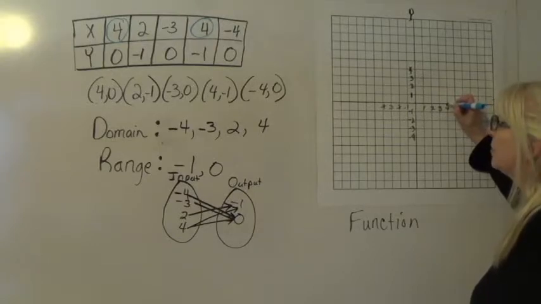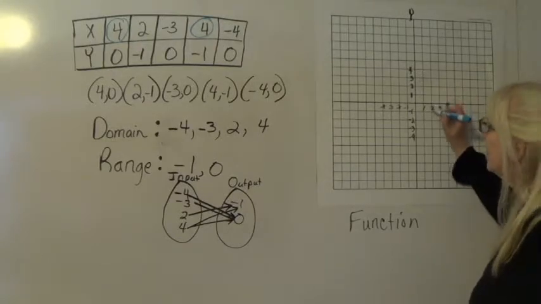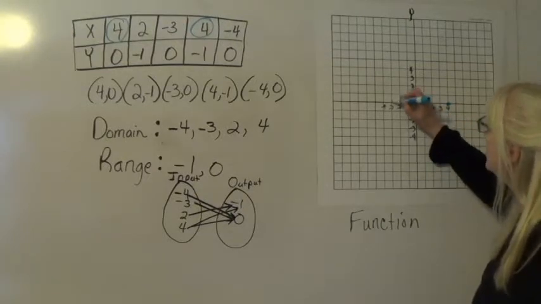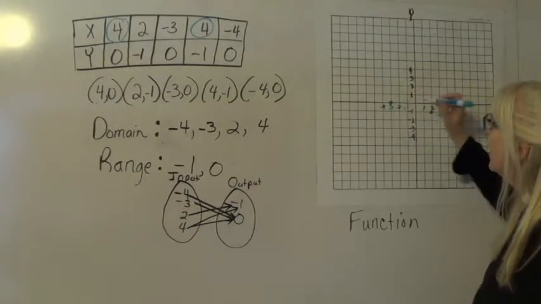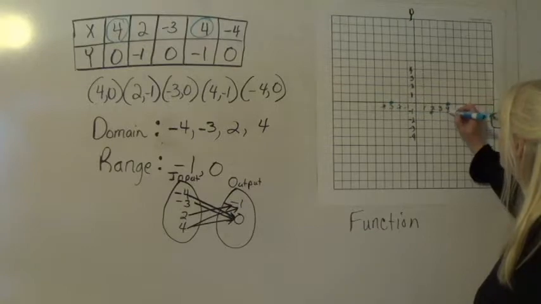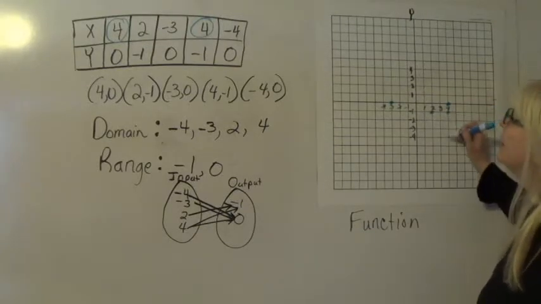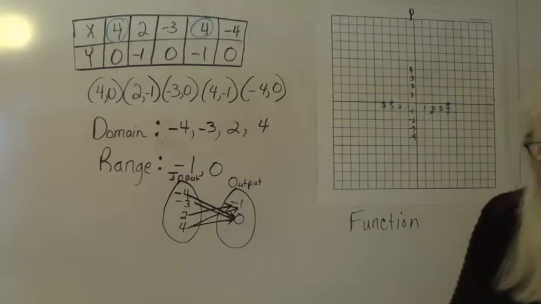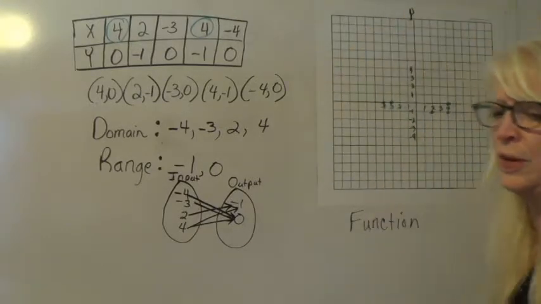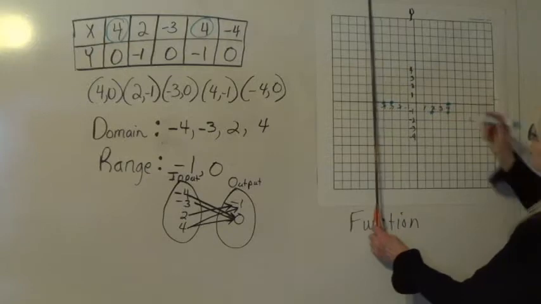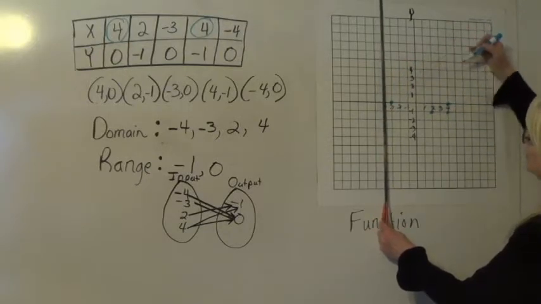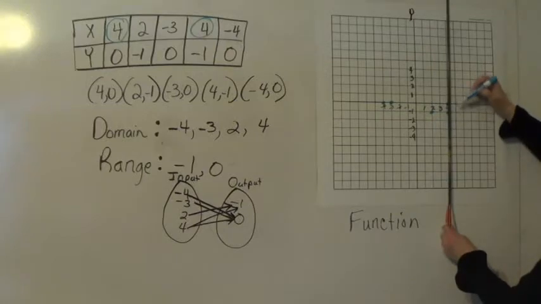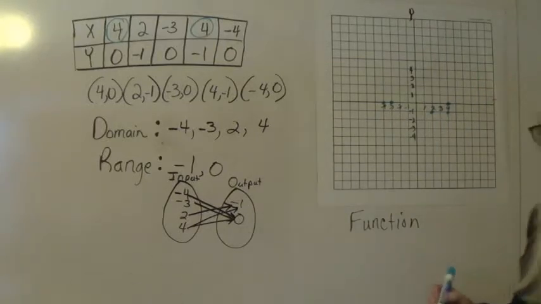So 4, 0 would be right here. 2, -1 is there. -3, 0. 4, -1, and see the stack. And then -4, 0. So again, if I do my vertical line test, it crosses this point, hits 1 point, 1 point, 1 point, and then when it gets over here, 2 points stack on top of each other.